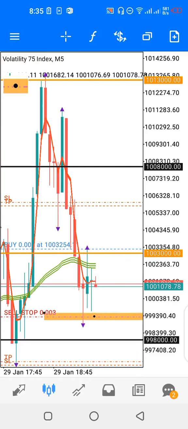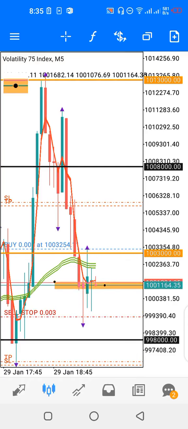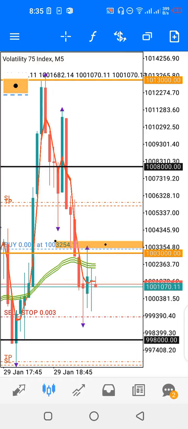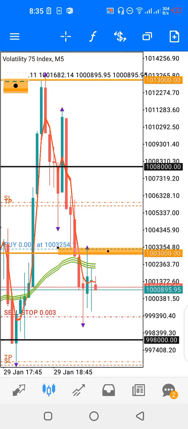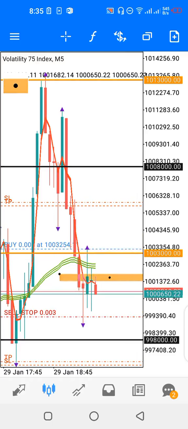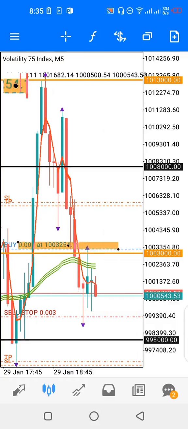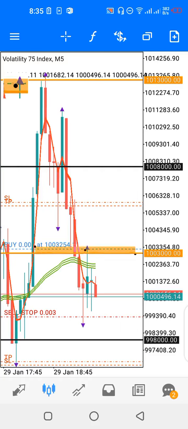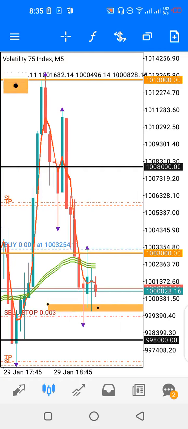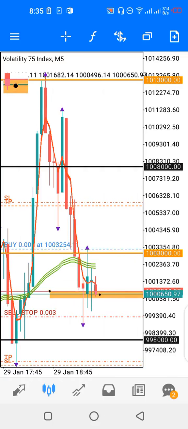So if this pending order gets triggered, then I'll be looking out for break even. But if price as it is starts to go back to the buy order and gets above it, I'll just close. Then I'll have made some profit without waiting for break even. Remember, I had buy and sell entry orders running, and I've closed the sell in profit. So I'm expecting two things to happen.